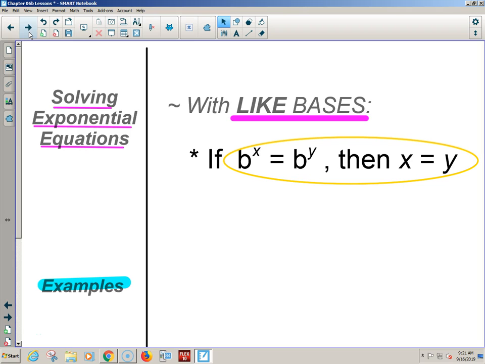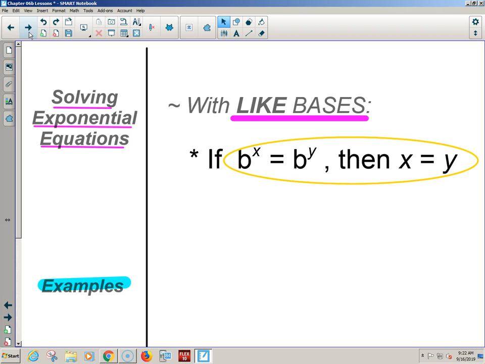If they're like bases, we love it. Because there's this really crazy property in math. I'm not making you write it. I'm not making you memorize it. I'm just telling you it's there. If we can make the bases match, and we have an exponential piece on one side and an exponential piece on the other side, and if the bases match, then we ignore it.